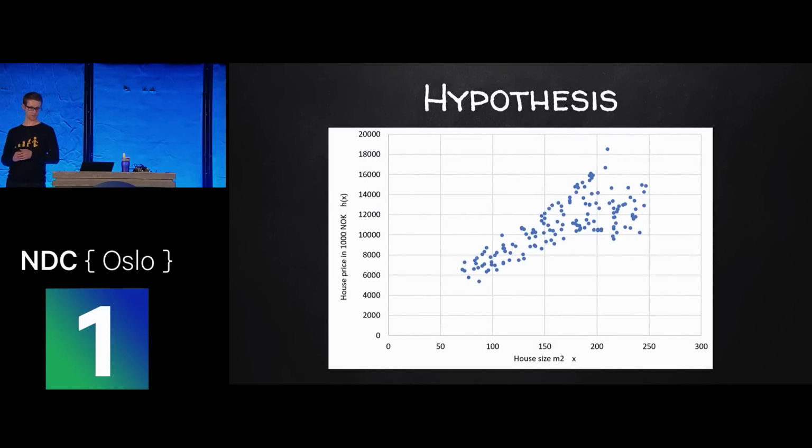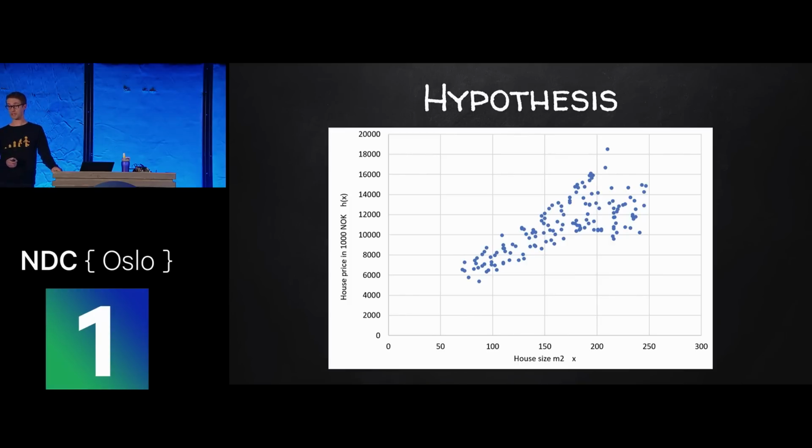And we have that here. On the x-axis, we have the feature, the house size in square meters. And on the y-axis, we have the labels, the house price.